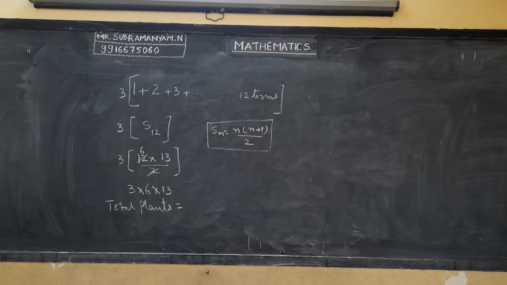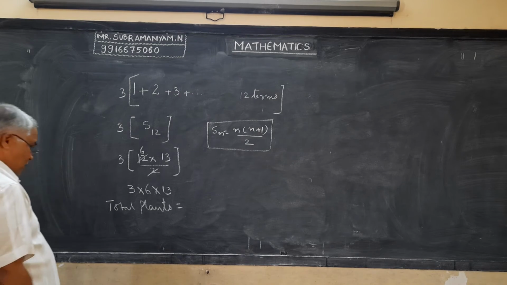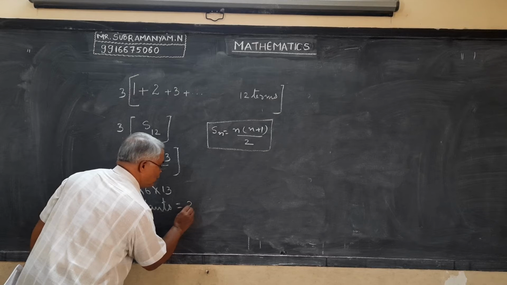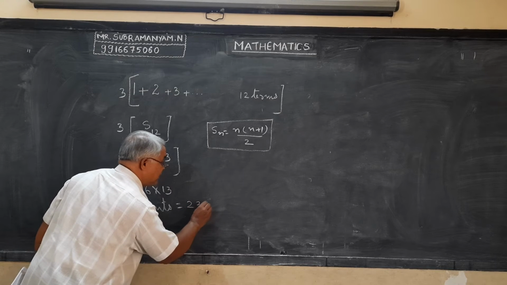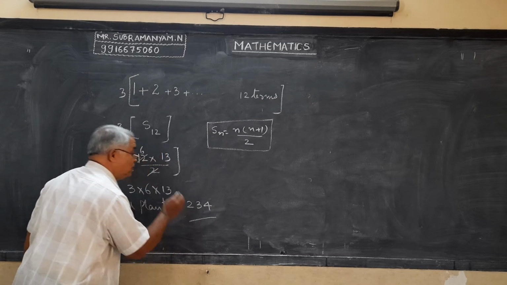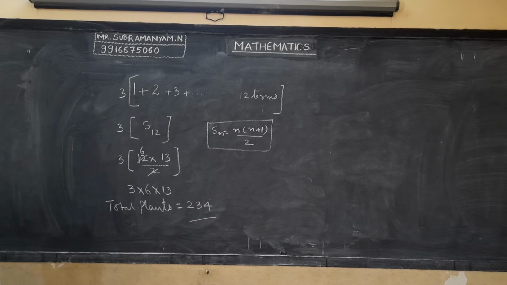Try to multiply. I hope you have got it now. It is 234. So in that school, all the sections, they are going to plant 234 plants.